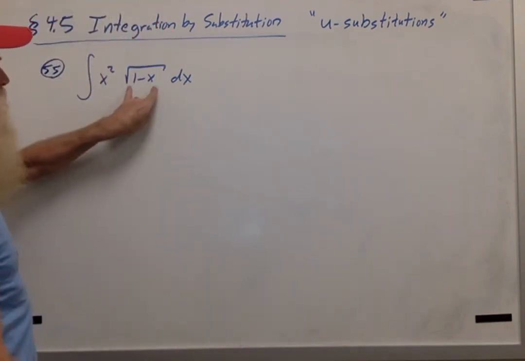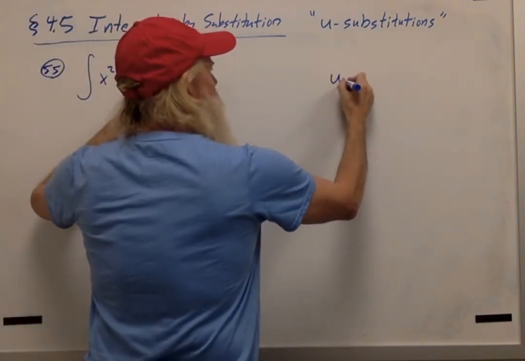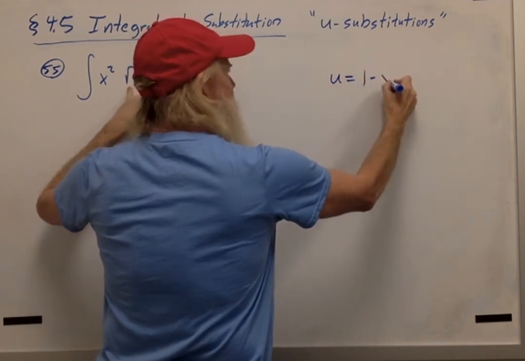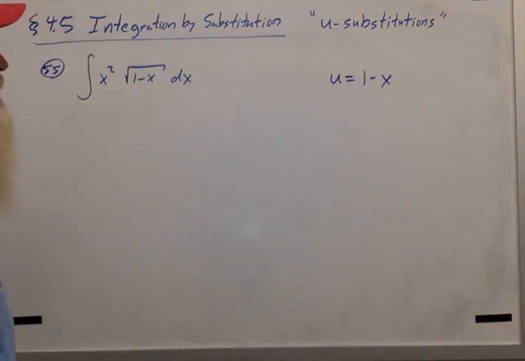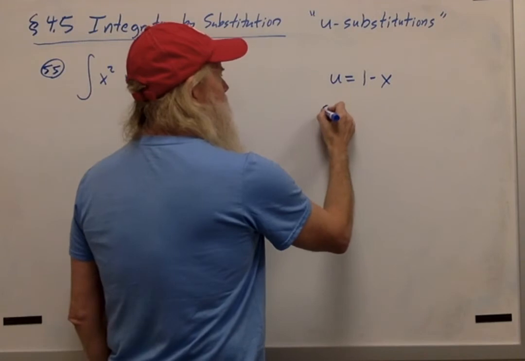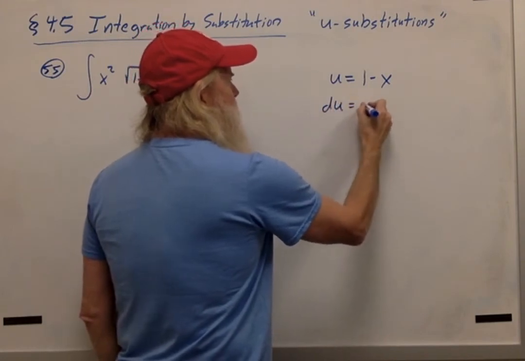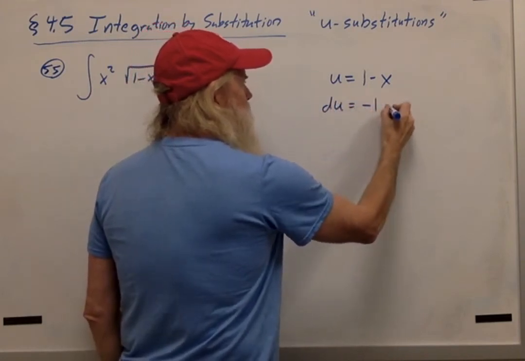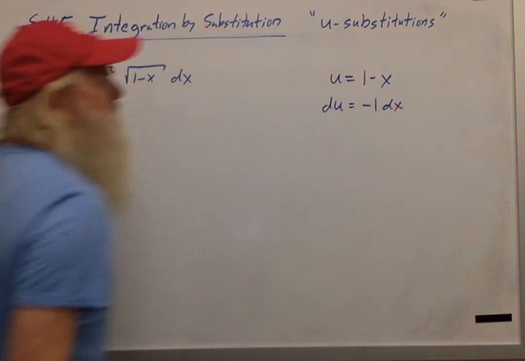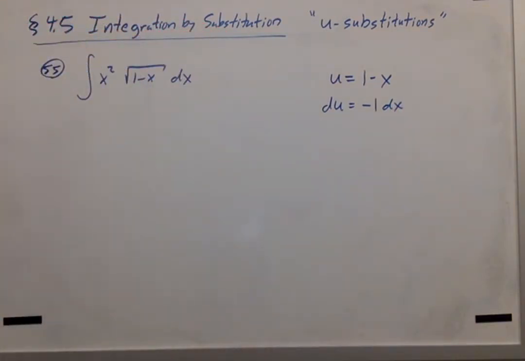We'll start with our u substitution. U equals 1 minus x. And then calculating the differential, du is negative 1 dx. The derivative of 1 minus x is negative 1.